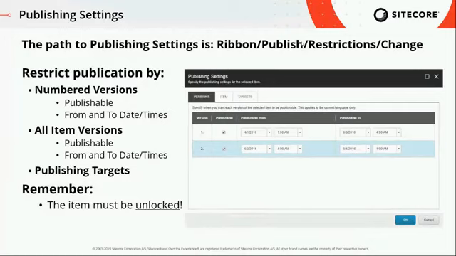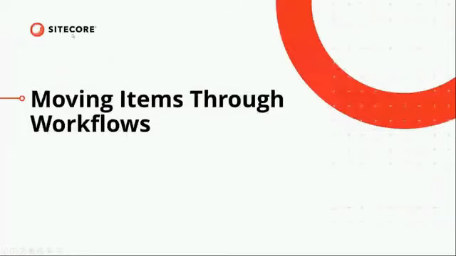Okay. And under this point, with working with the publishing, I want to make sure that the item is unlocked. Now, moving the items through workflows is where we're going to go next, but I want to pause for a moment. So let me go back.